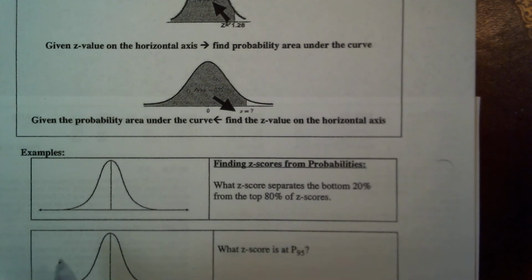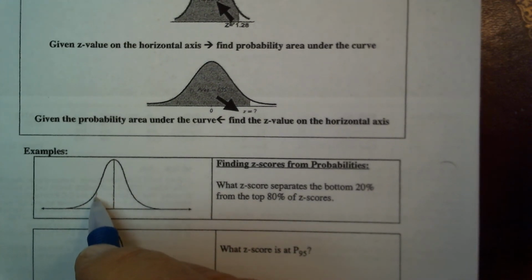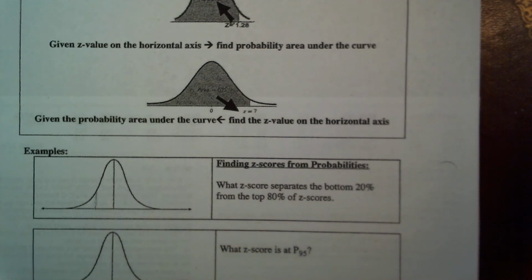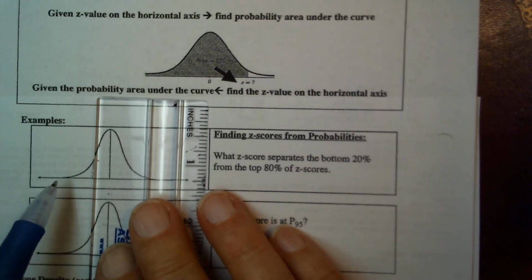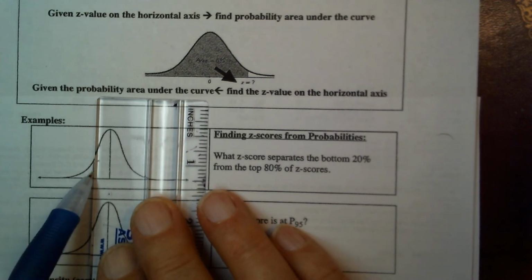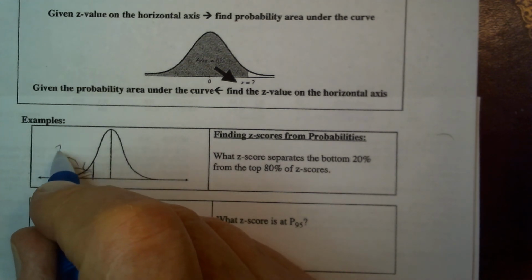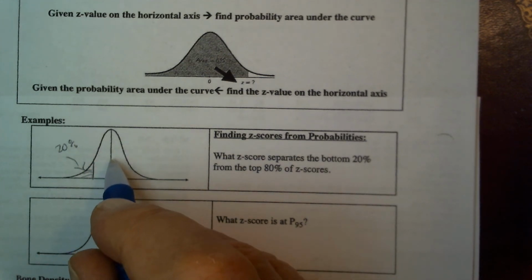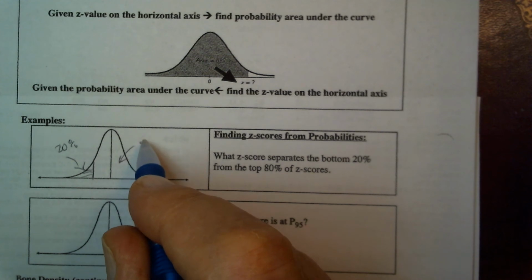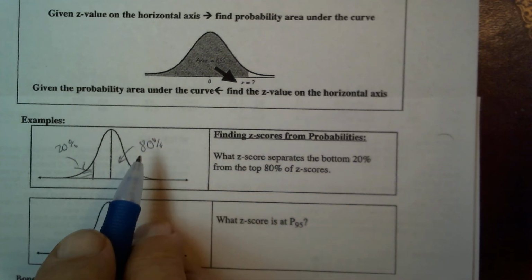So in other words, what we're looking at here is the 20%. Let me make a little line here. Now remember, we're starting with the area. So this area here represents 20%, and then obviously the rest would be 80%.